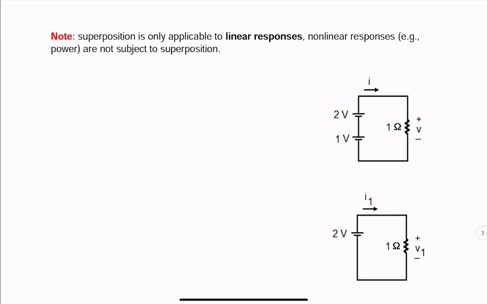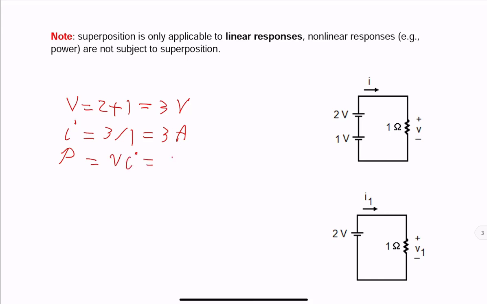So obviously V is 2 plus 1 equal to 3 volts. Current I, divide the voltage by 1 ohm, is 3 amps. Power is VI. Power absorbed by the resistor is 9 watts.